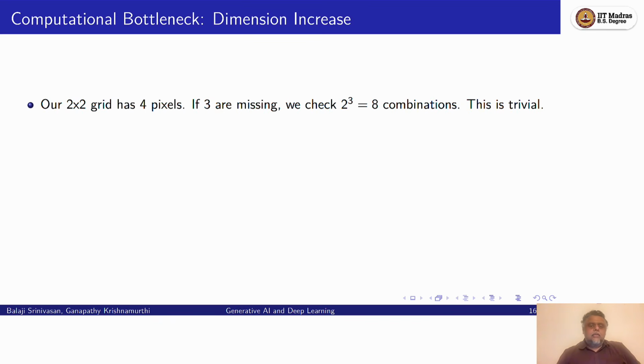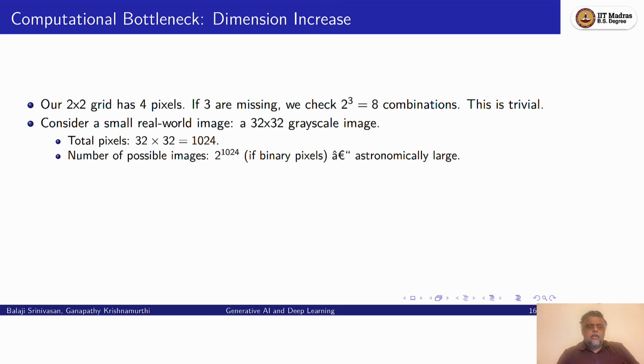So what happens when we start increasing the size of this data? Our 2x2 grid had 4 pixels. If 3 are missing, it's very simple math, we just check 8 combinations. That's trivial. Now consider even 32x32, which is not exactly real world, but the total number of pixels is 1024.